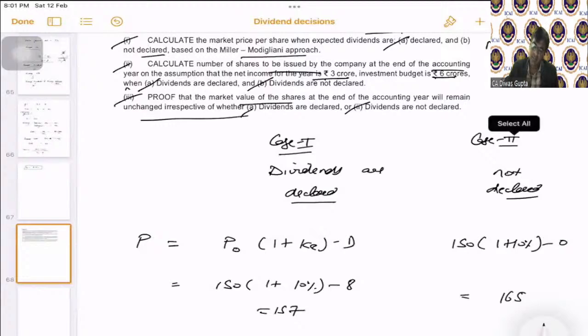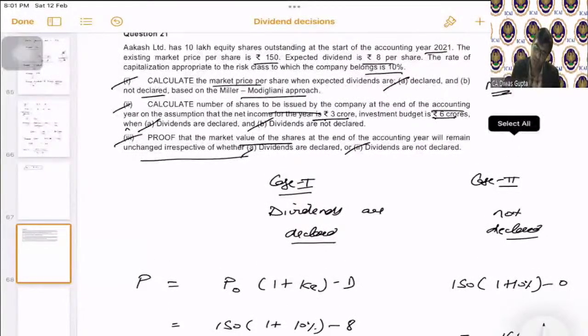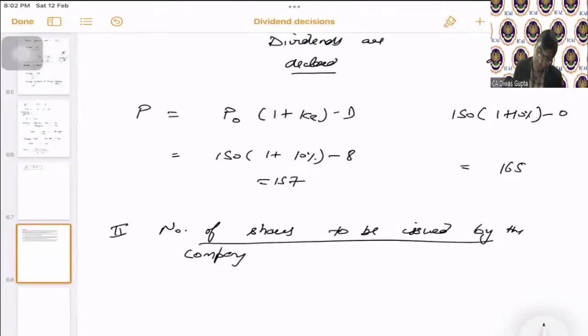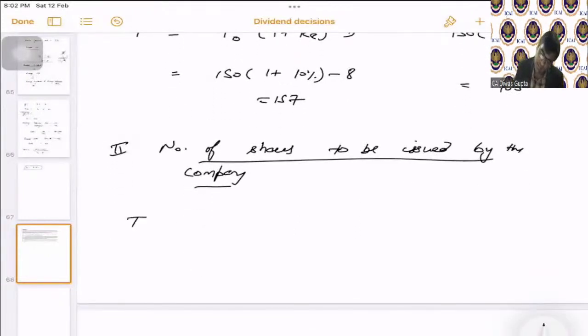Now, the first part is done because in the first part, they have just asked us to calculate the market price per share using the approach that we have calculated. Now, the second part: calculate the number of shares to be issued by the company. First of all, what is the investment required, students? Again, now we are calculating the funds requirement.